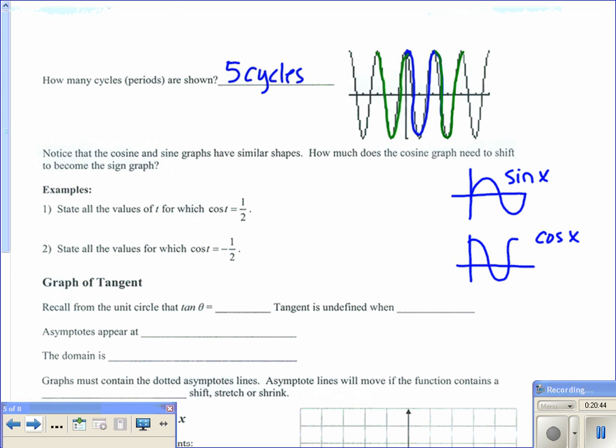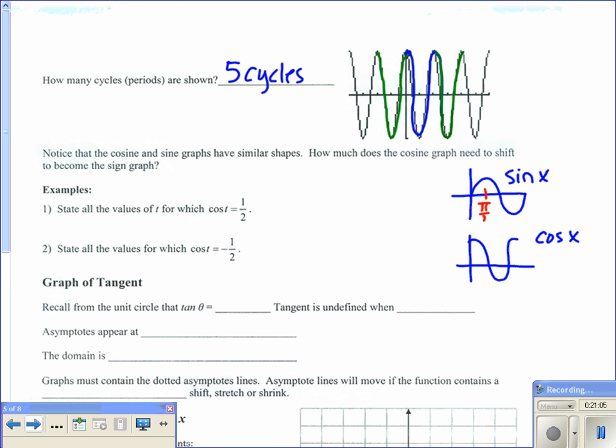Notice that the cosine and sine graphs, like we said, have similar shape. It says how much does the cosine graph need to shift to become the sine graph. So maybe if you take a look at the graphs that we did previously, how much has my graph moved over? So remember, these key points that we have on our graph are going by pi over 2.